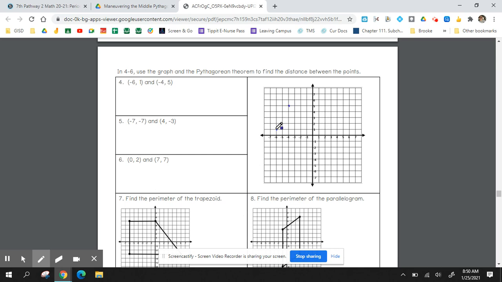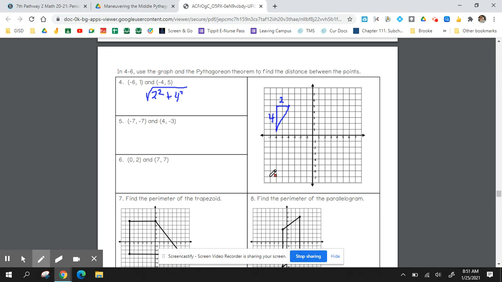And so those are the 2 points first. Again, you can make yourself your right triangle. I know my distance is 2, and my distance is 4 here. So 2 squared plus 4 squared is under my square root sign.